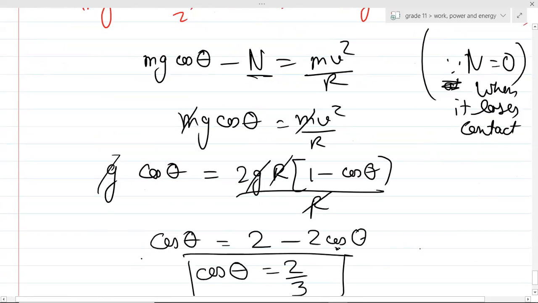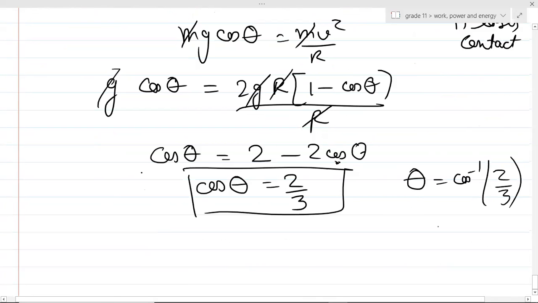So when theta is equal to cos inverse of 2 by 3, at that instant of time it will lose contact. By the way, what is 131 minus 180? 49 degrees, right? So this is approximately 49 degrees.